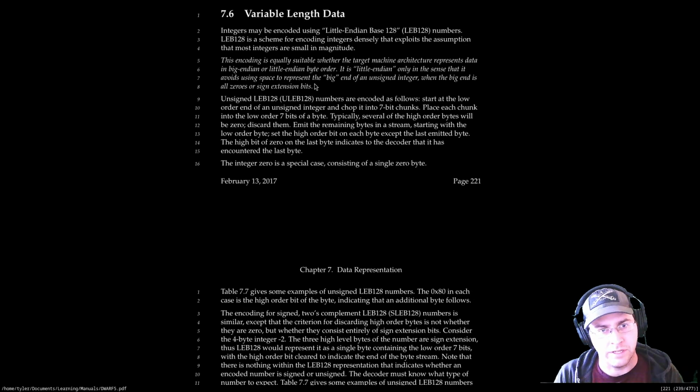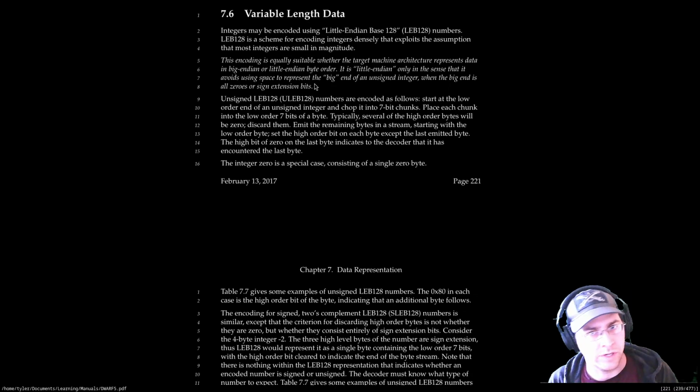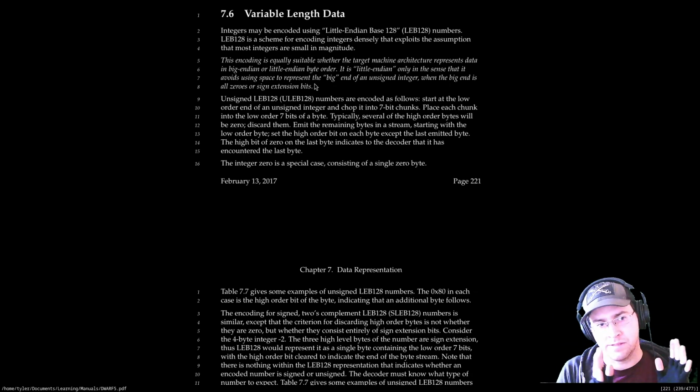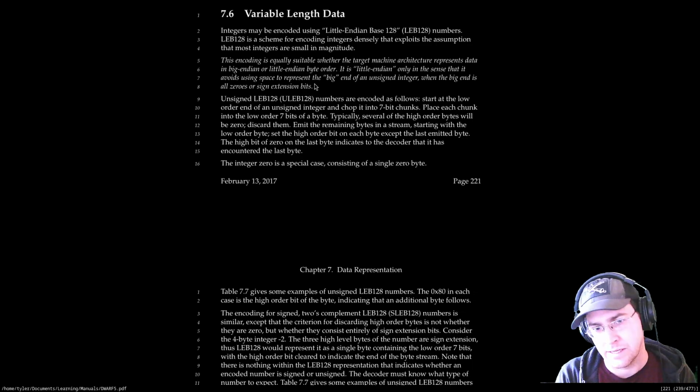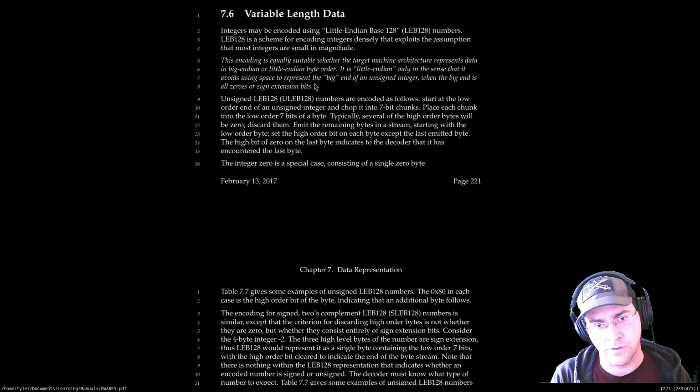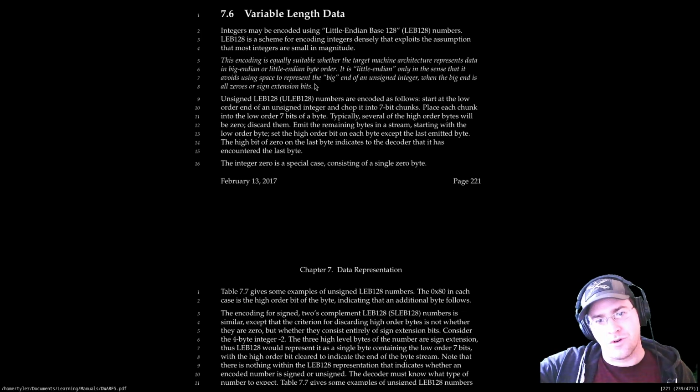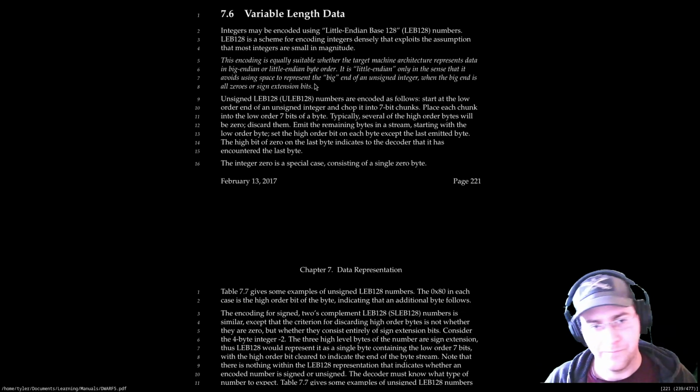The way they encode integers in a lot of spaces is in Little Endian Base 128 format, which just means you take the first 7 bits of a byte and those encode the number, and then the last bit encodes a continuation, saying, hey, are there more bytes to be continued?